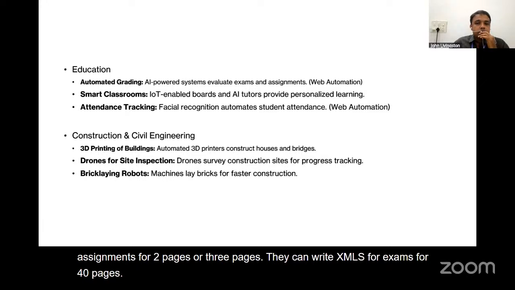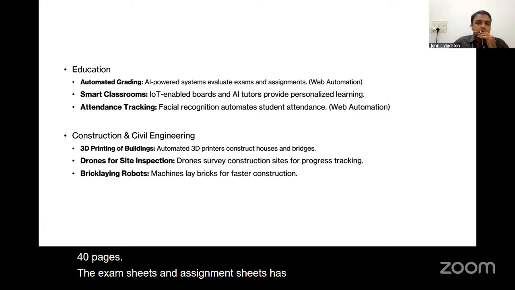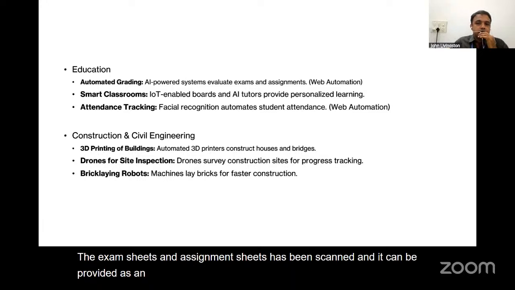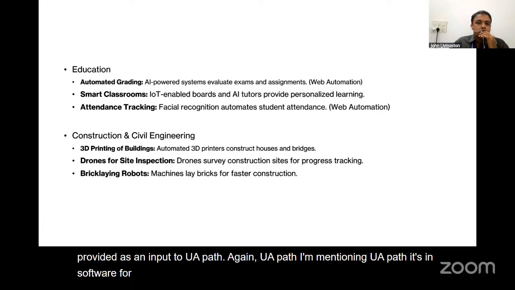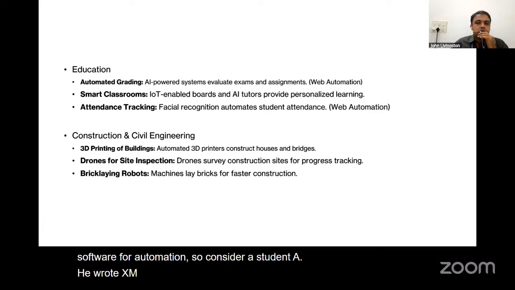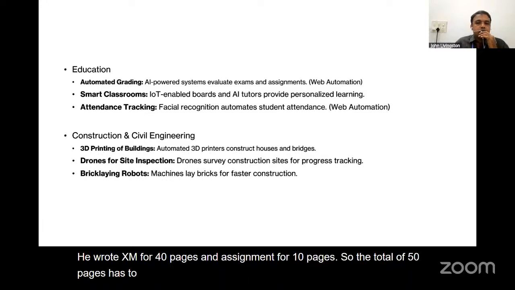The exam sheets and assignment sheets are scanned, and can be provided as input to UiPath. UiPath, again, is a software for automation. Consider a student A who wrote an exam for 40 pages and an assignment for 10 pages. The total of 50 pages has to be scanned and given as input to UiPath.